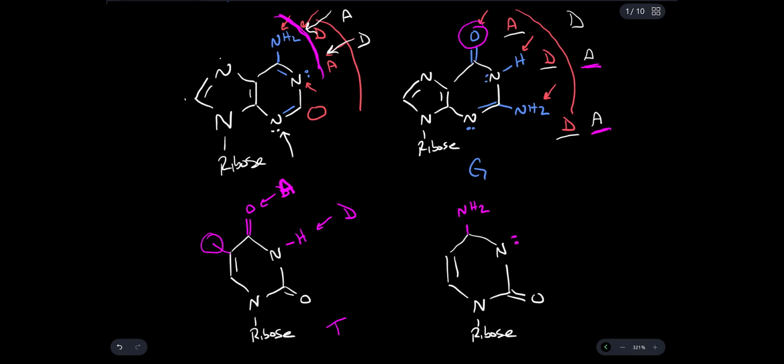And we need an acceptor at this bottom position, which we already have in our oxygen. The last thing we need to do is to complete the octet, because this carbon right now doesn't have an octet. Make a double bond, and now we have an octet. I have a hydrogen bond donor, acceptor, acceptor, and that's the pattern that we need to complement guanine.